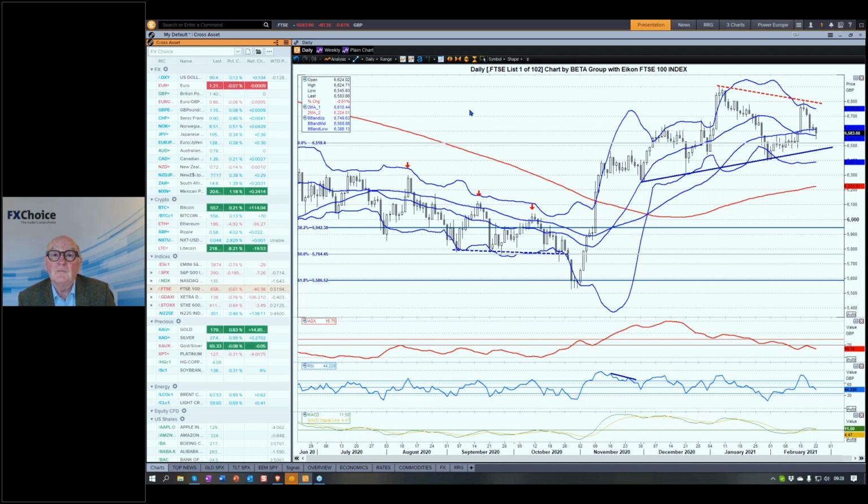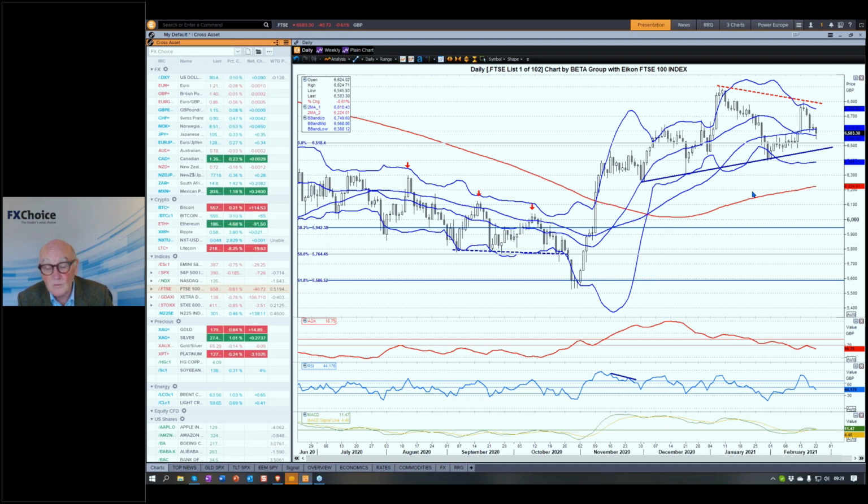So in the FTSE, the UK 100, we're forming this triangular shape. I've drawn this as a dashed line across the top. It's narrowing up. Last week we surged and fell back very sharply there, and it's very disappointing that that didn't follow through. I did really think it would follow through, but inevitably it's suffering from the strength of sterling.